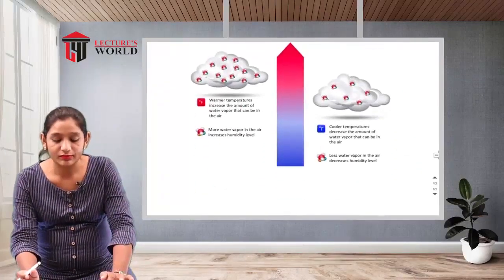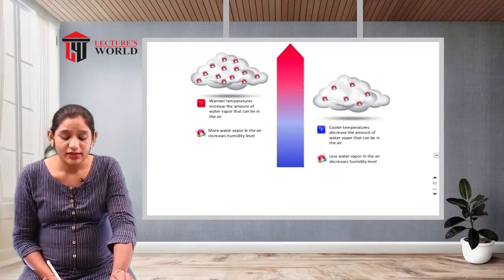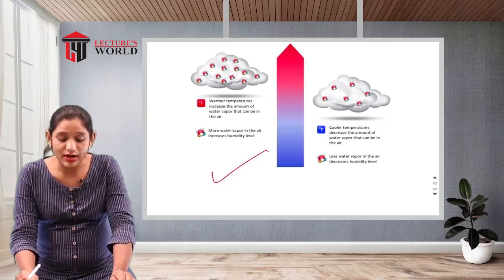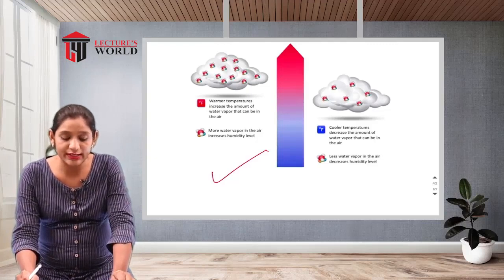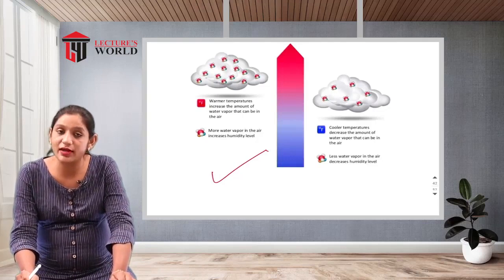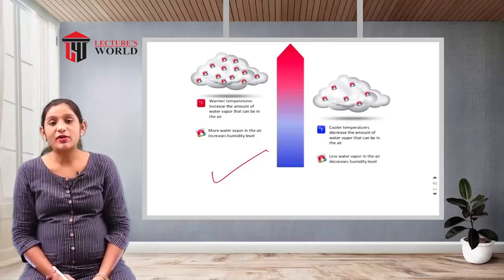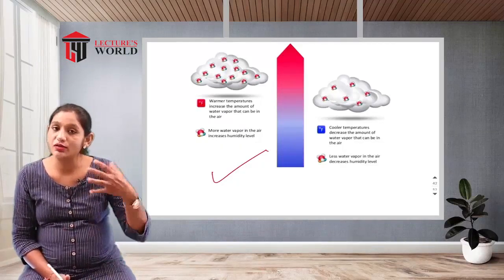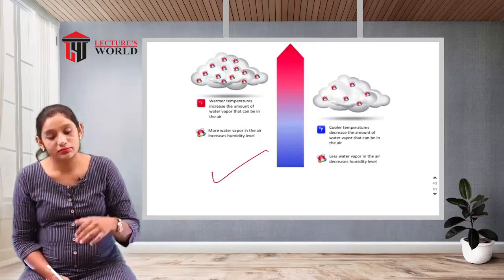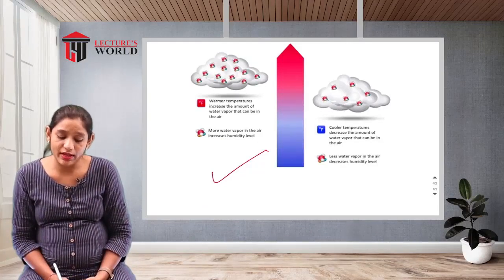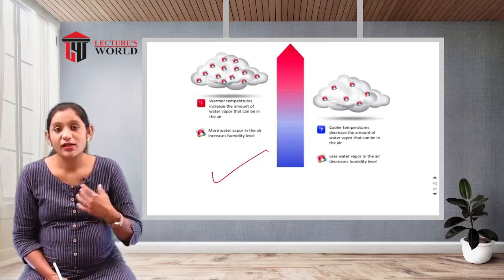Next, this figure indicates that the warmer the temperature, the more the amount of water vapor that can be in the air. More water vapor in the air increases the humidity level.